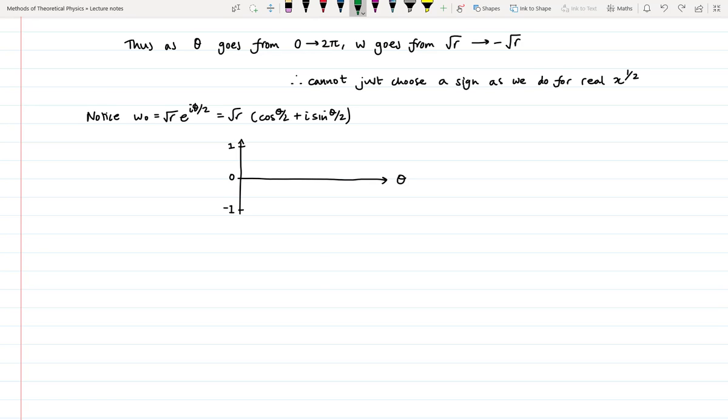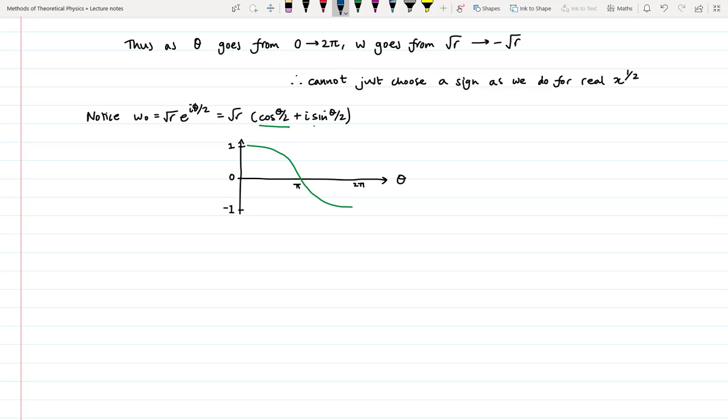Let's first look at what happens to the real part of this number given by square root of r times cos theta over 2. I'm just going to be plotting the cos theta over 2 part. Well, this function is simply the cosine function, but stretched by a factor of 2 along the x-axis. So it's going to look like this. And I'll label the points of interest on the theta axis as pi and 2 pi.